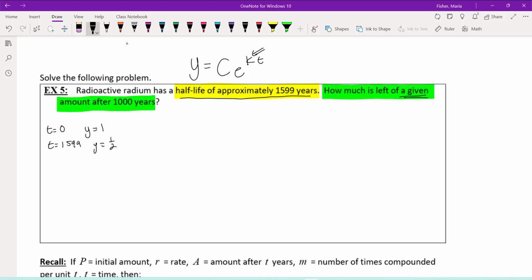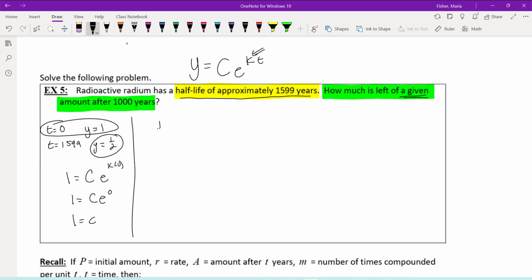We would say here that 1 is equal to c e to the k times 0. So we're saying that c is equal to 1, and then 1/2 is equal to 1 e to the k times 1,599. So 1/2 is equal to e to the 1599k.